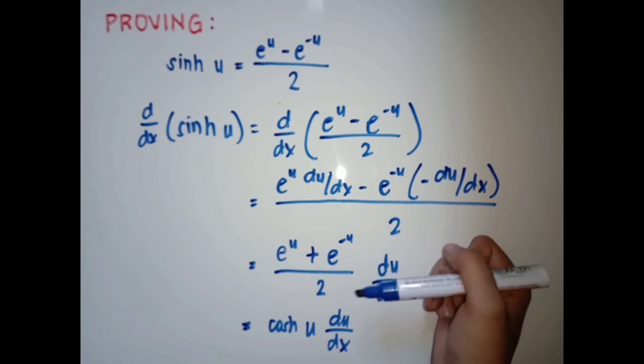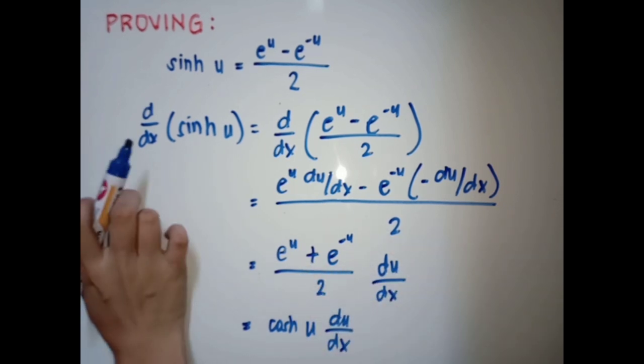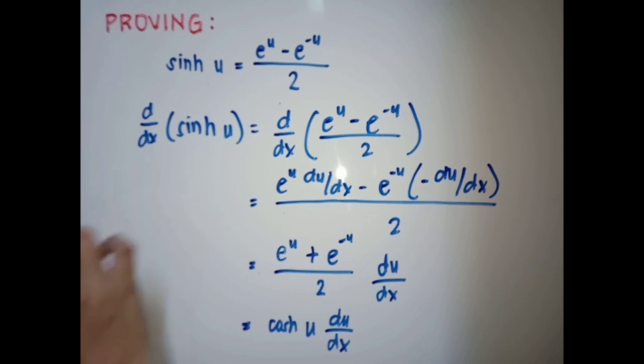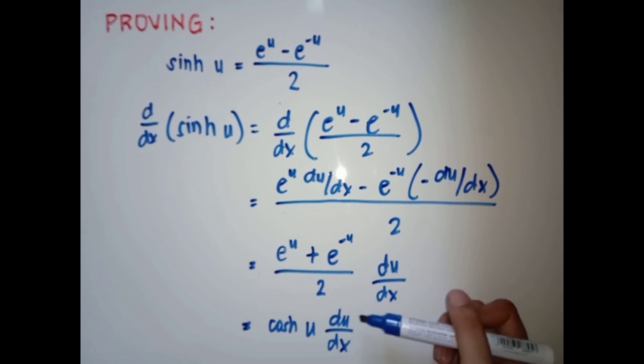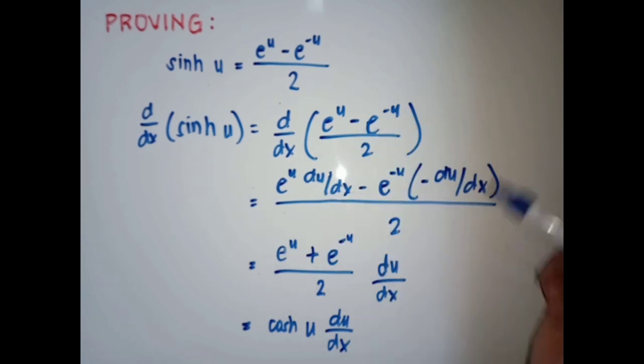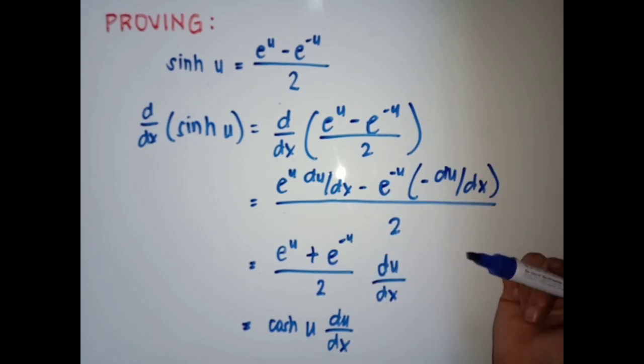Now, we have proved that the derivative of hyperbolic sin u is equal to hyperbolic cosine u du over dx. So, guys, if you prove hyperbolic cosine u, the method is the same as our proof for hyperbolic sin u. So, let's proceed to the next formula that we will prove.